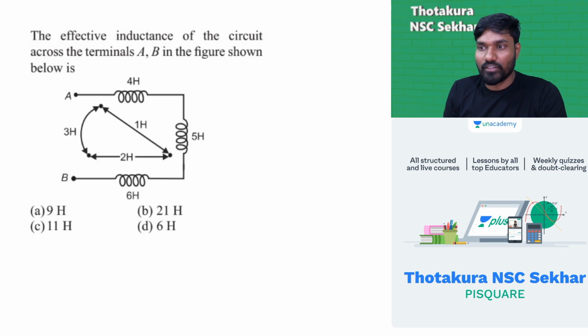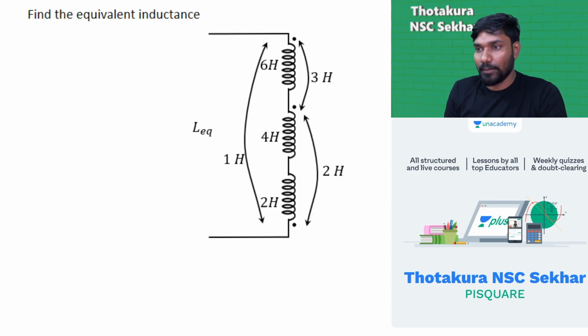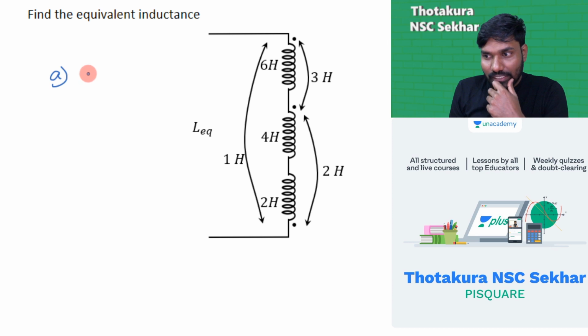Now we read this question. Answer this. What is the answer value? You want any options? Okay, let me give the options. Option A is 15 Henry.